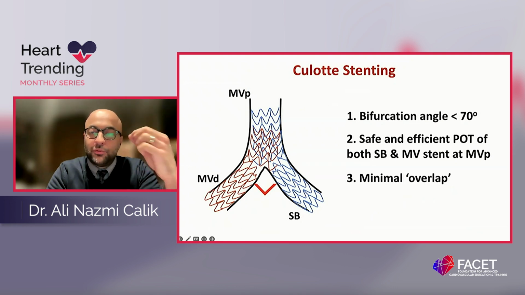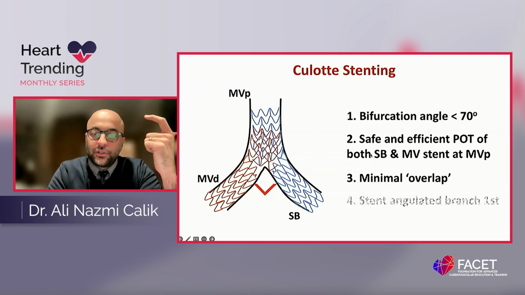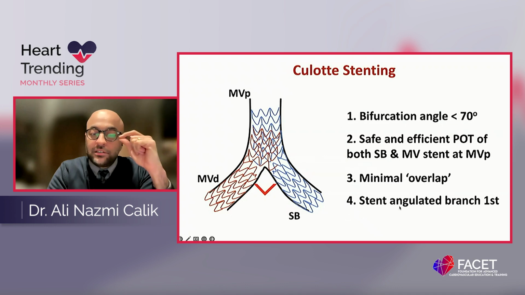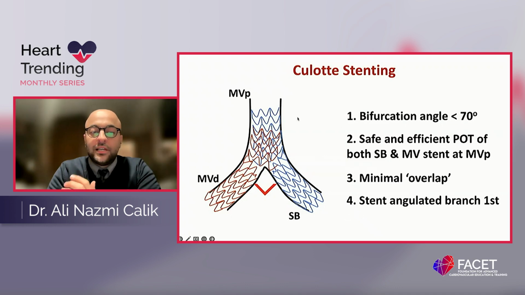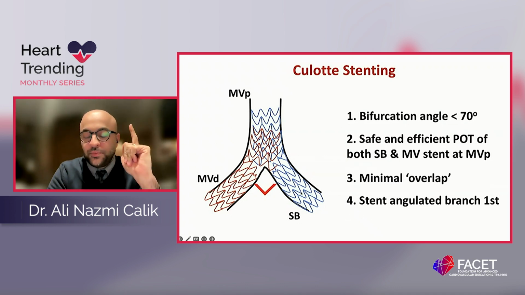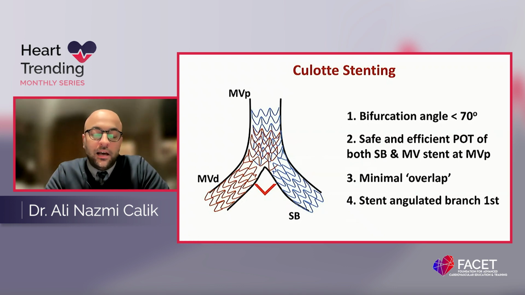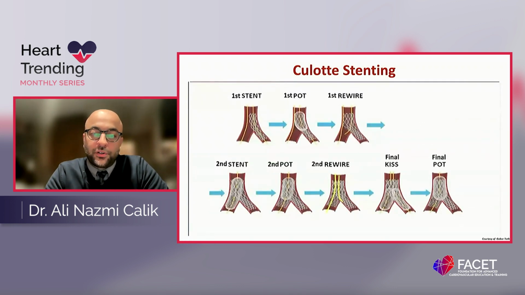Again, we are coming to a point that we have to know our stent expansion limits. And we should minimize the overlap. This is another rule for the culotte. And it is always recommended to put the first stent in the angulated branch. This is another recommendation for culotte stenting.